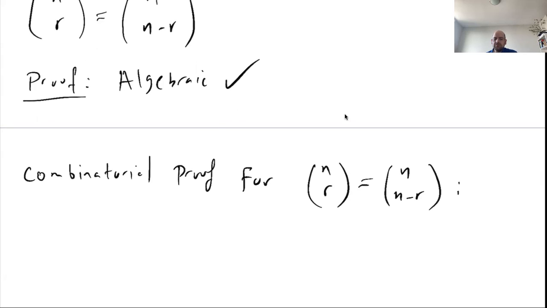So what does combinatorial proof mean? We said that we have 2 sides, left-hand side and right-hand side. We are going to interpret each side as the number of ways to do some specific task. And then we will show that those 2, left-hand side and right-hand side, must be equal to each other.